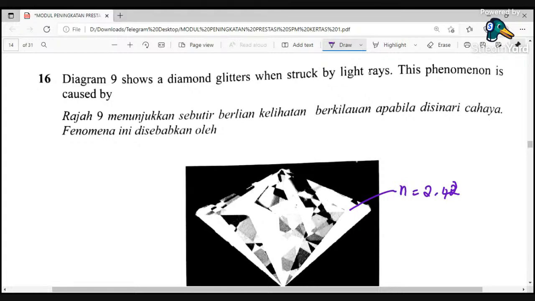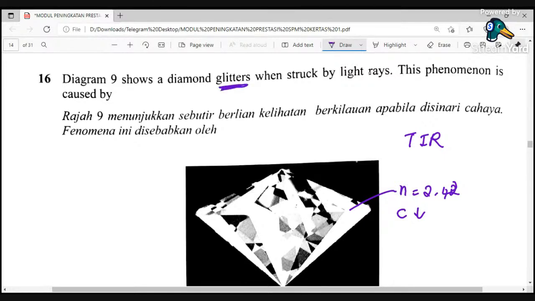Okay, very low critical angle. So means the light ray even at small angle, incident at small angle, will experience total internal reflection. Okay, the light ray will hit the surface and bends more than once. This one will cause the diamond to glitters.